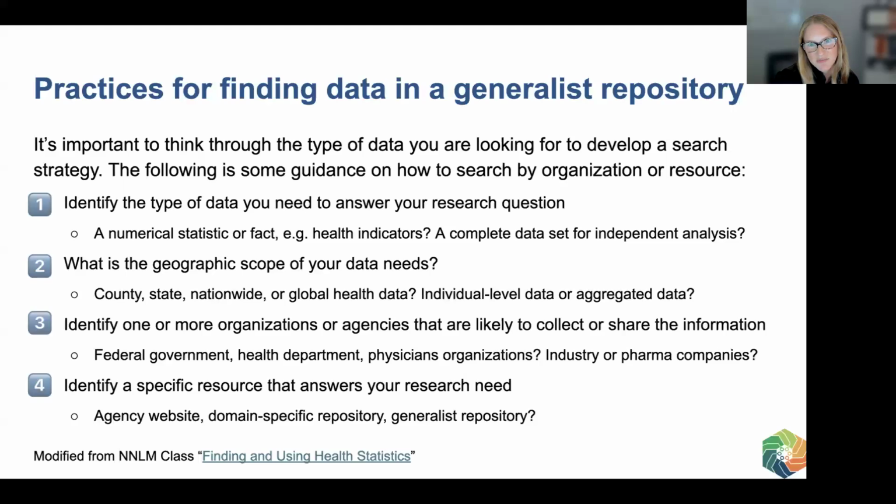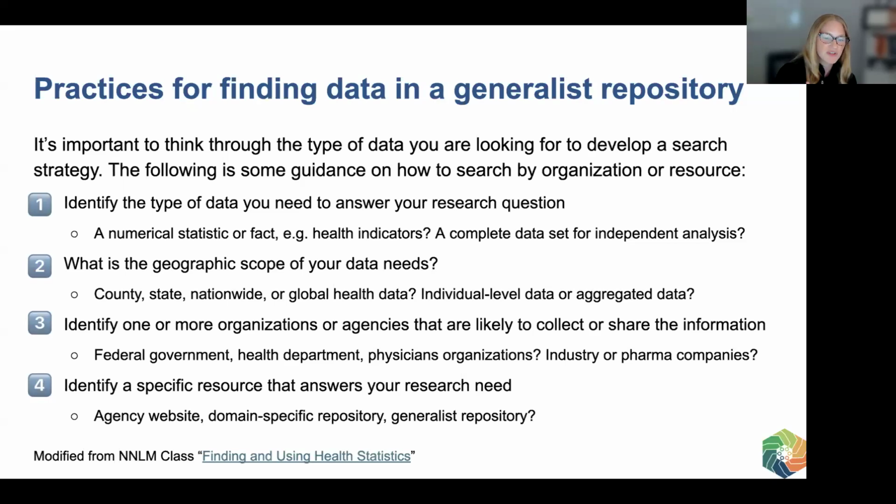This comes back to some of the elements that Gretchen was talking about. Are we looking for a numerical statistic or facts, for example, health indicators? Are we looking for a complete data set for our own independent analysis? Is geographic scope important to us? Are we looking for county, state, local data, or nationwide or global health data? Are we looking for individual level data or just aggregate data?